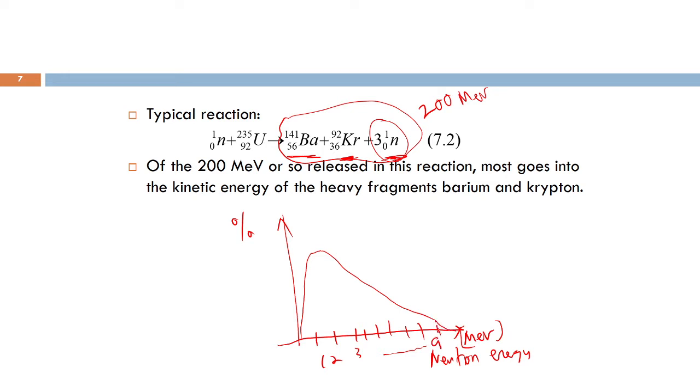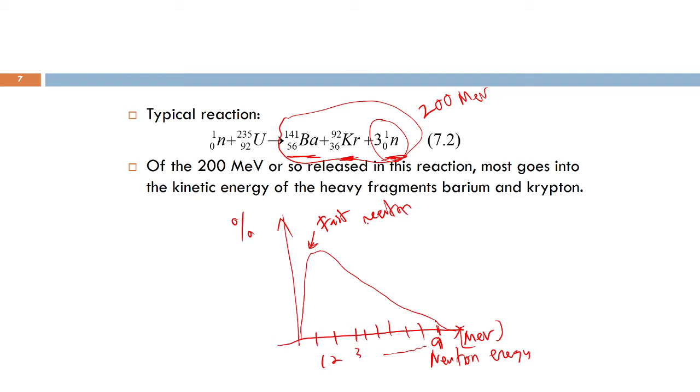After 9, you cannot have a neutron with energy greater than 9 mega electron volts. So the dominant energy is about 1 mega electron volt, and this is still considered a fast neutron.